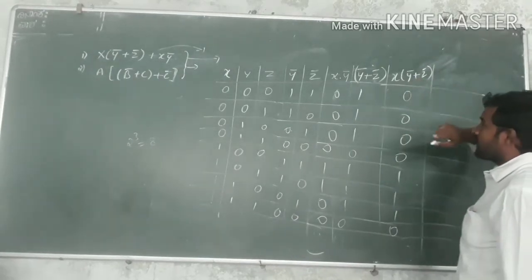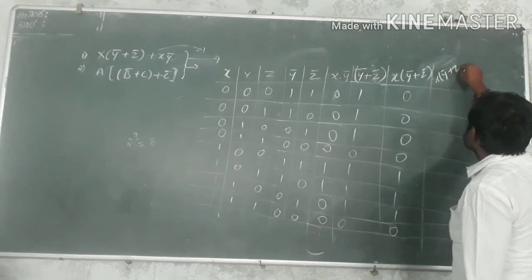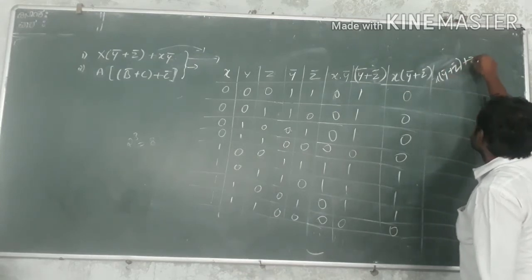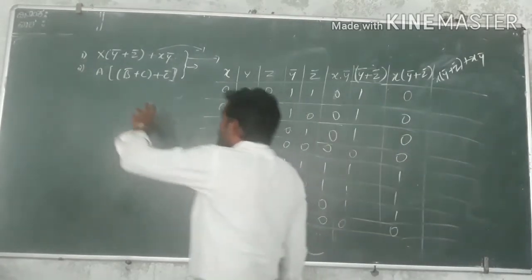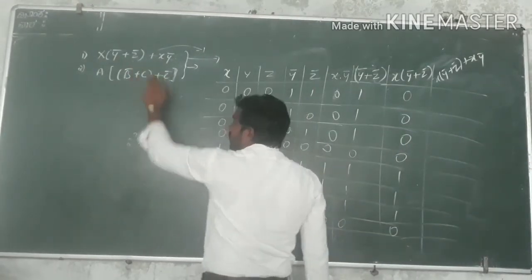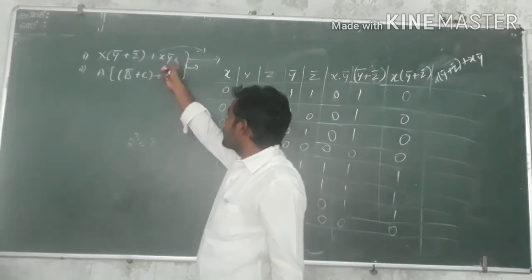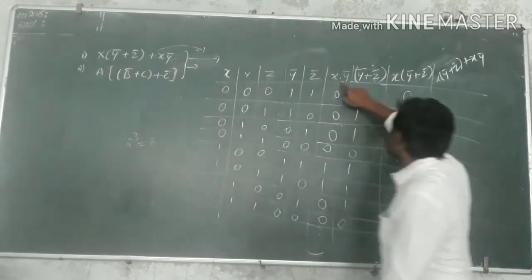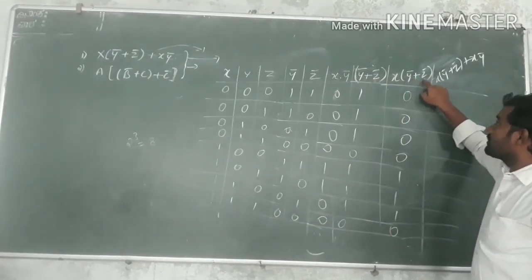Next, the whole term: x y complement plus z complement plus x y complement. This is the way of calculating the whole equation. We already expanded the equation separately: x y complement, y complement plus z complement, and x into y complement plus z complement.